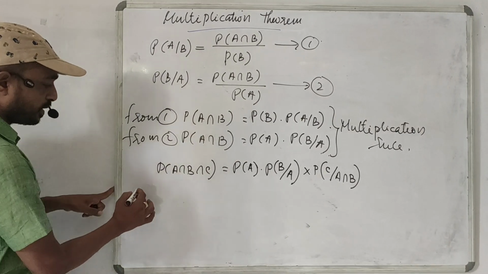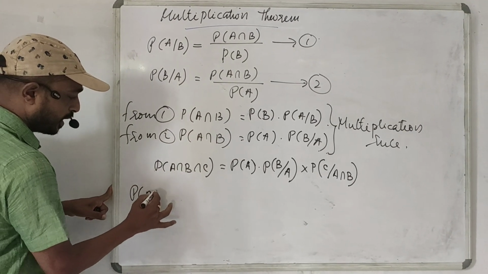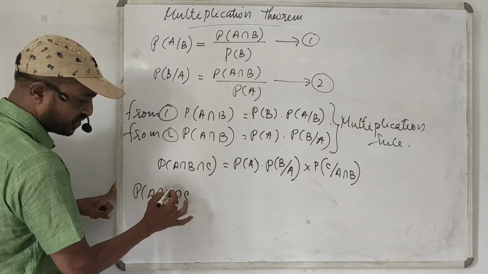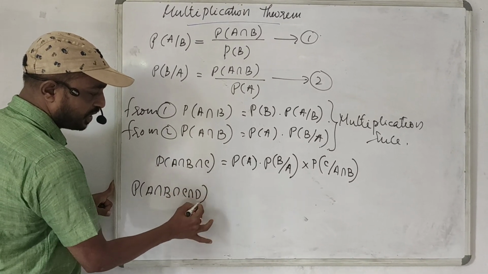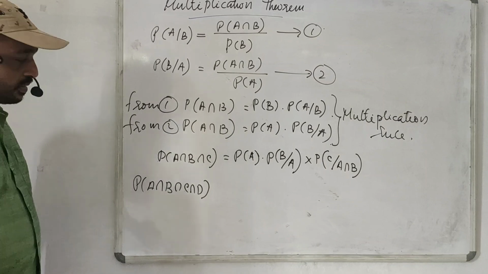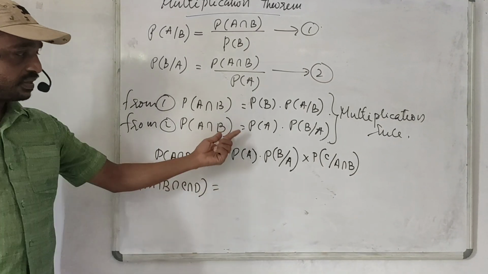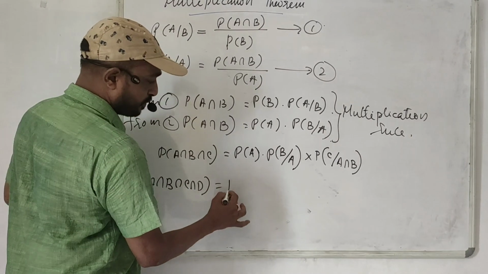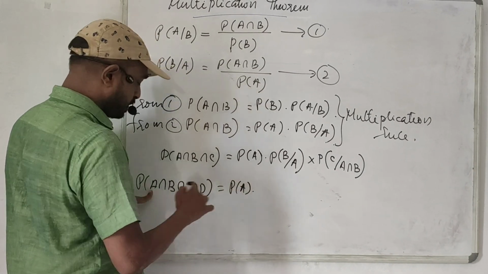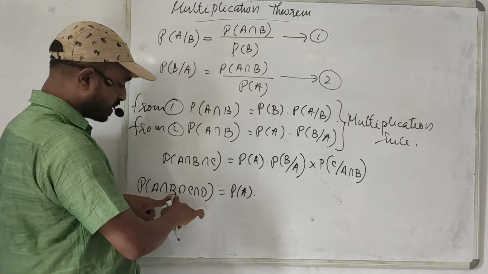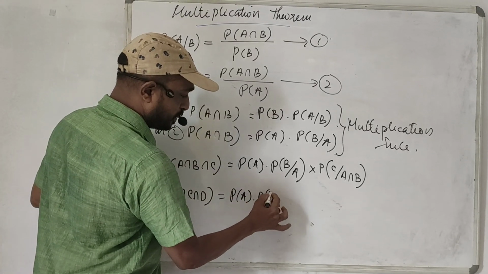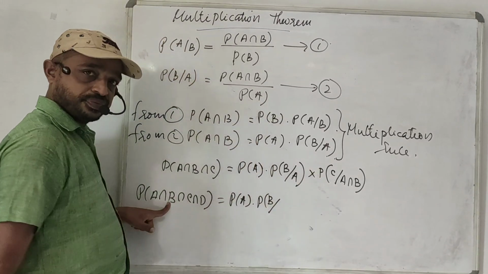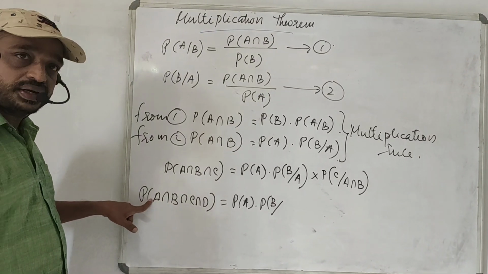Now, what will be P of A intersection B intersection C intersection D? See, now let us extend this rule as it is. So first of all it is P of A, that is probability of happening the first event A, into the second event B: probability of happening the event B if the event A has already happened.